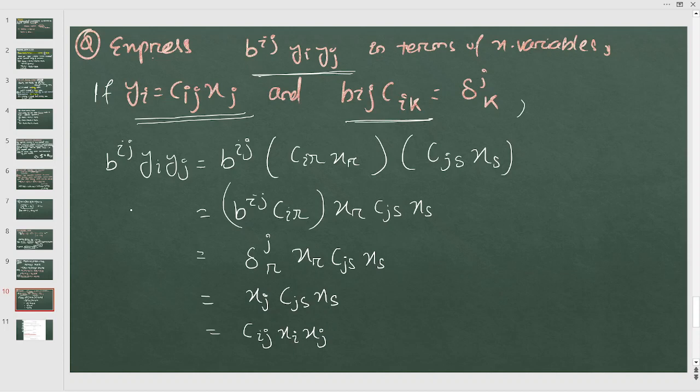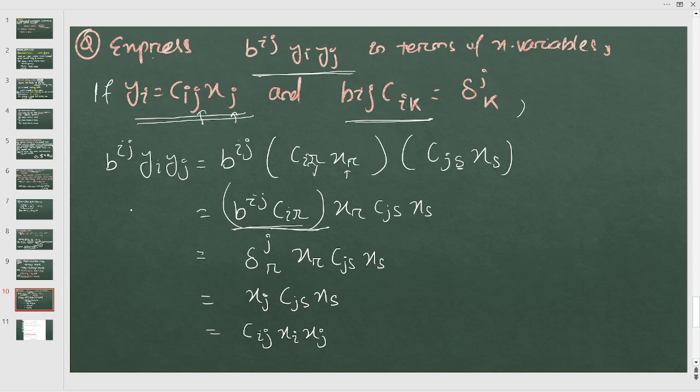So in place of yi yj I have put the values. Here, these are dummy indices, so I use r in place of j, and in place of yj I am using cjs xs, and the dummy index is represented by s. I have taken bij cir into one bracket, and done it with xr and cjs xs. So next you have this term, you can write it as delta jr.